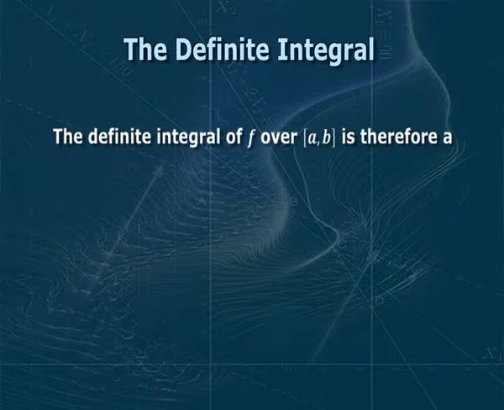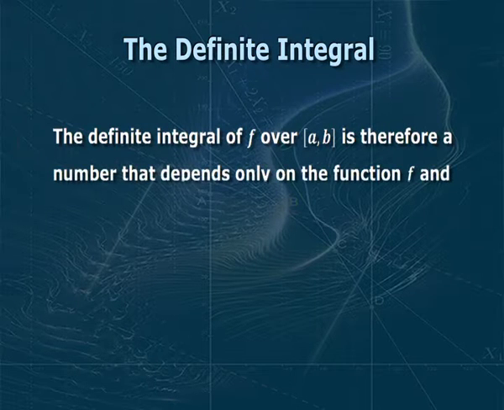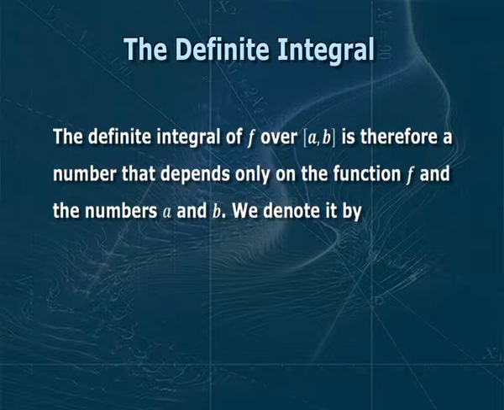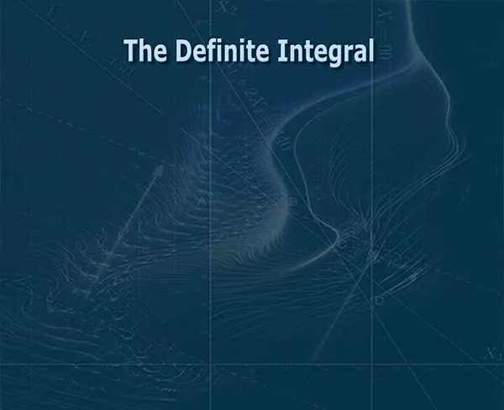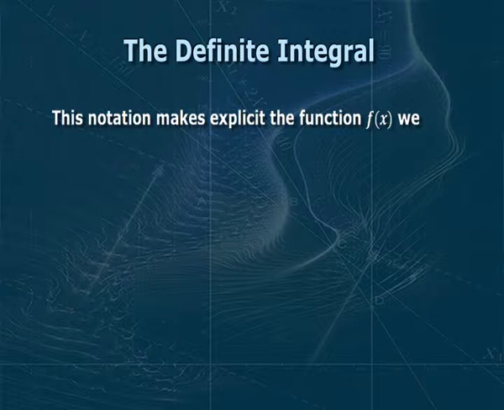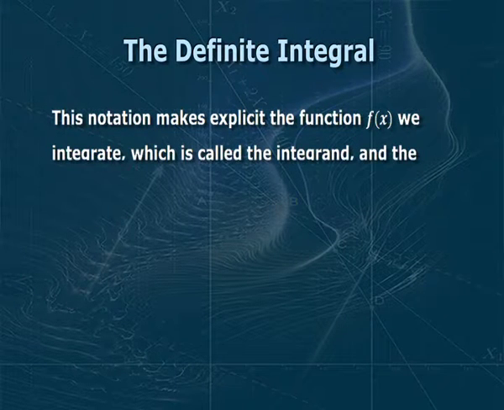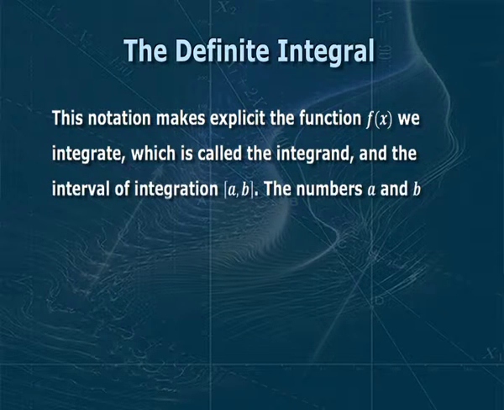The definite integral of small f over a, b is therefore a number that depends only on the function f and the numbers a and b. We denote it by integration of f x dx with limits a to b. This notation makes explicit the function f of x we integrate, which is called the integrand, and the interval of integration a, b.